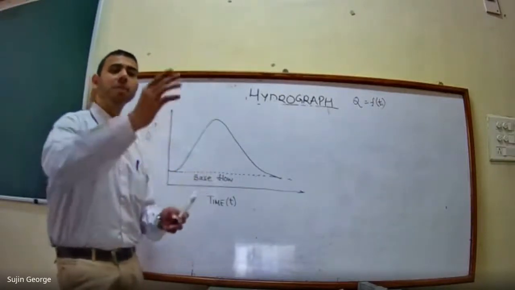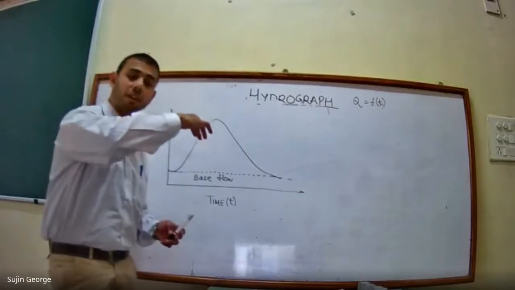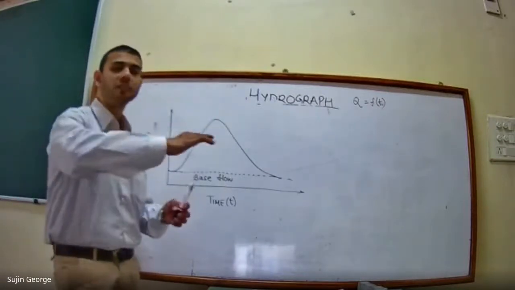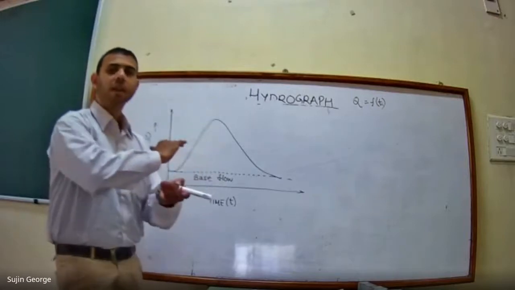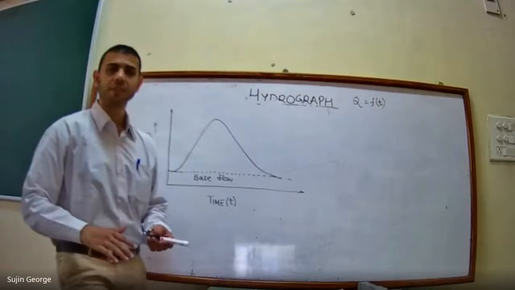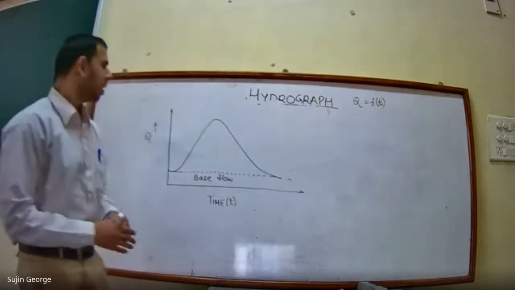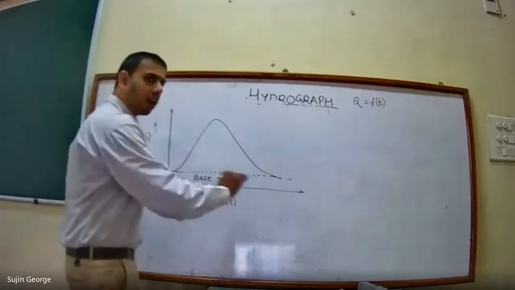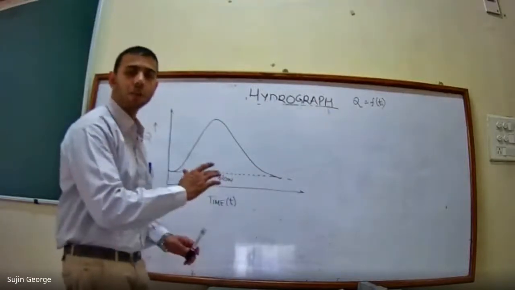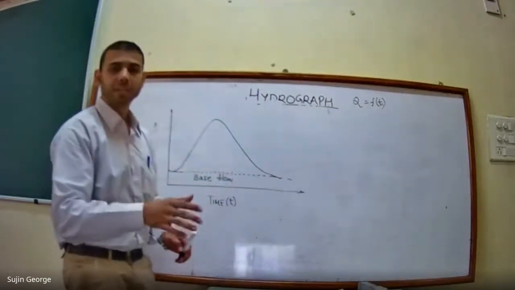It could be possible that after base flow, runoff will start. Runoff means the overland flow. Overland means flowing of the precipitated water over the land surface. So base flow has already occurred, that is, the groundwater flow has already taken place.